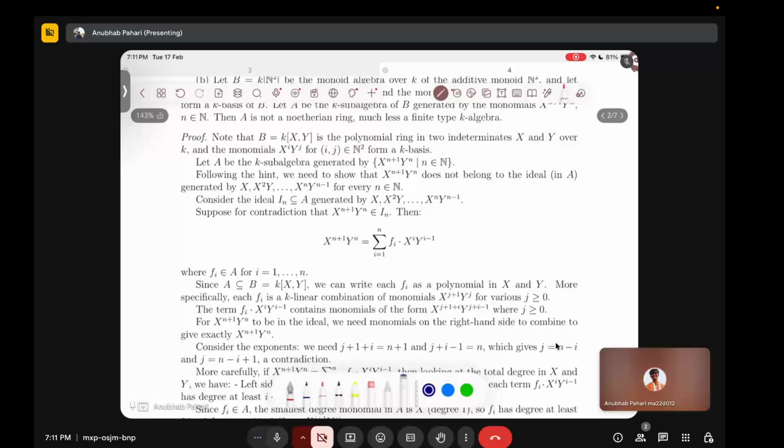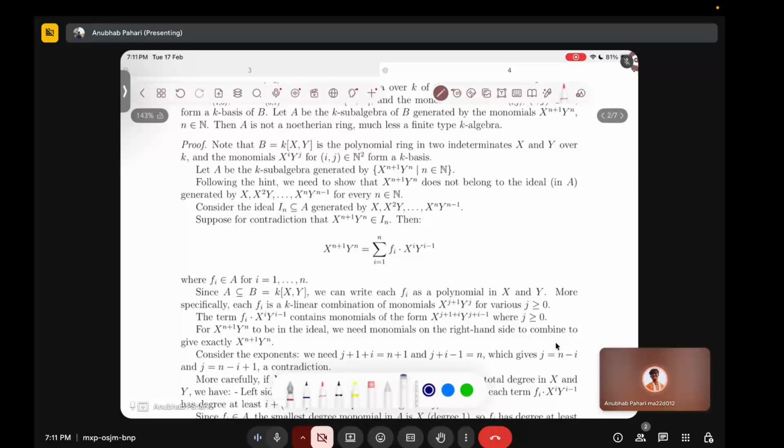What we are trying to say is that let I_n be the ideal generated by x^2 y up to x^n y^(n-1). Suppose for contradiction that x^(n+1) y^n belongs to I_n.